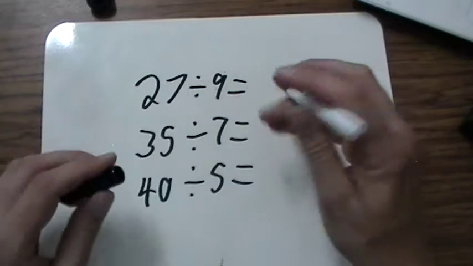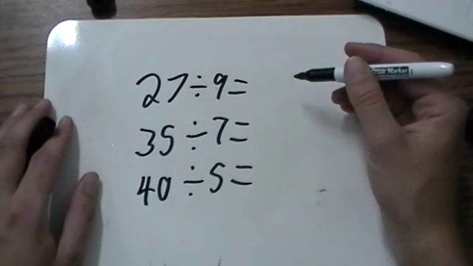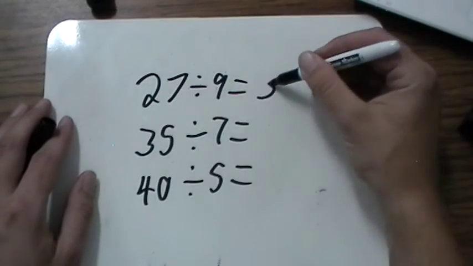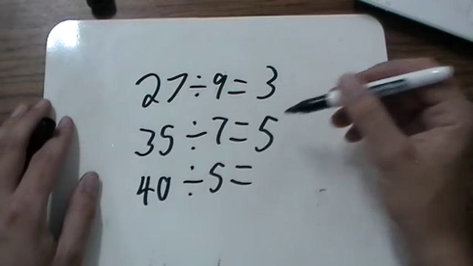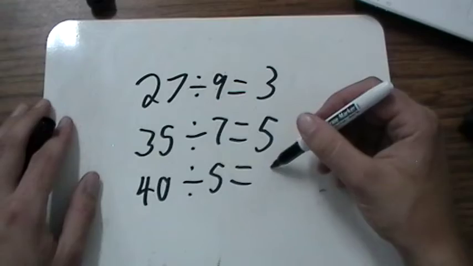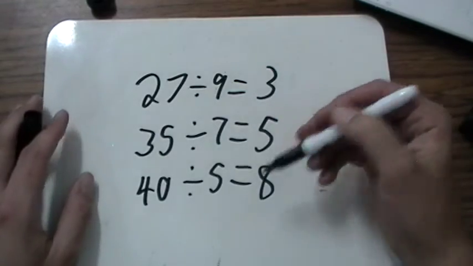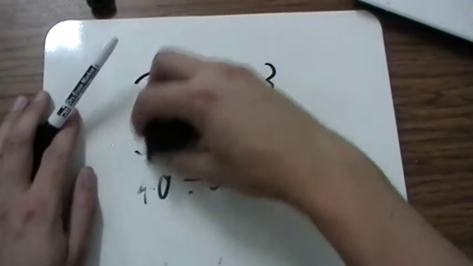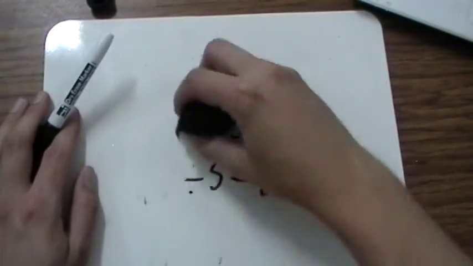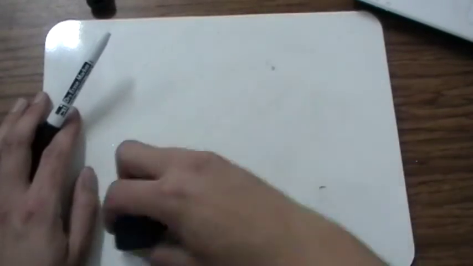Something I just want you to have memorized so that you can quickly say 27 divided by 9 is 3, 35 divided by 7 is 5, 40 divided by 5 is 8. Okay, see how quickly that can be done? That's also why we did all that multiplication division practice in the beginning of the year, so you can have that memorized and just be good to go.